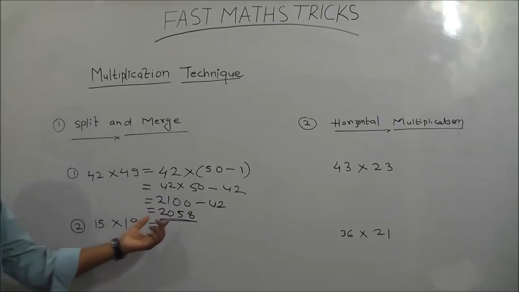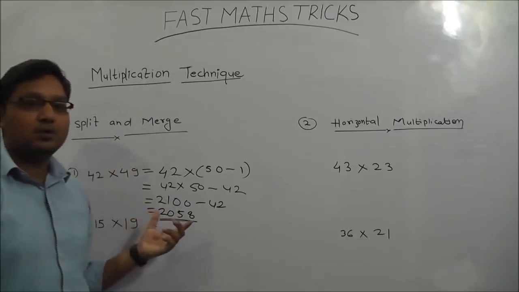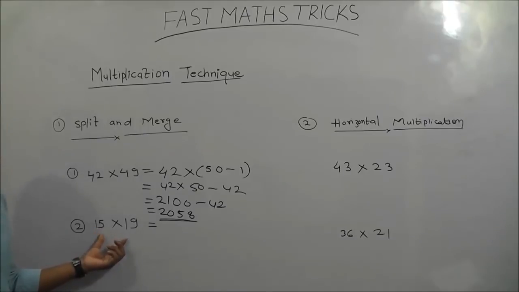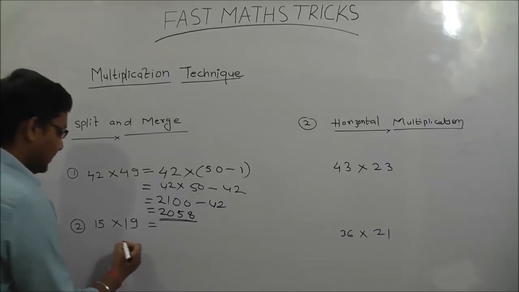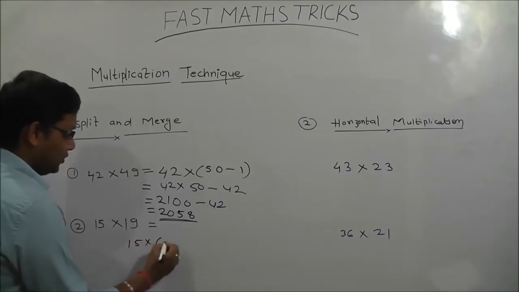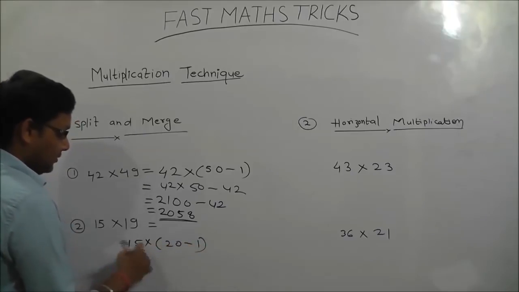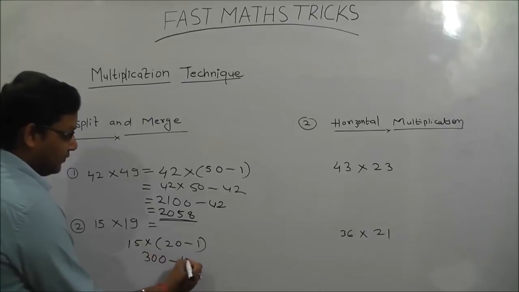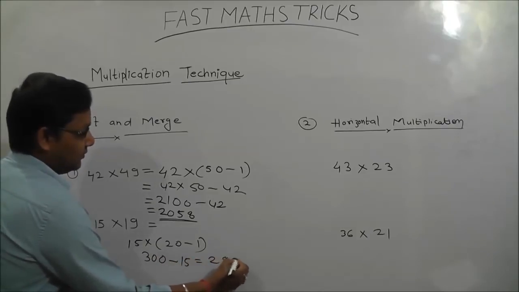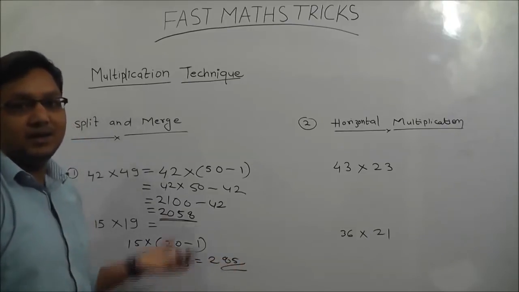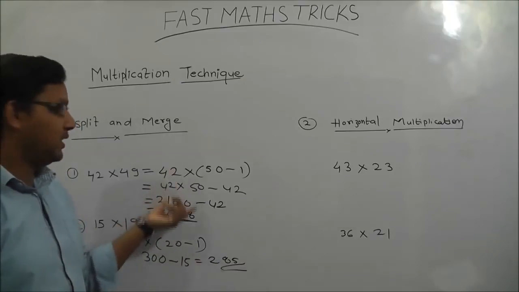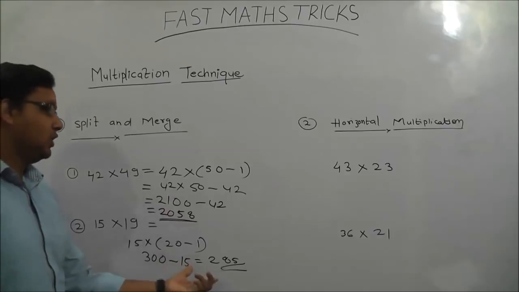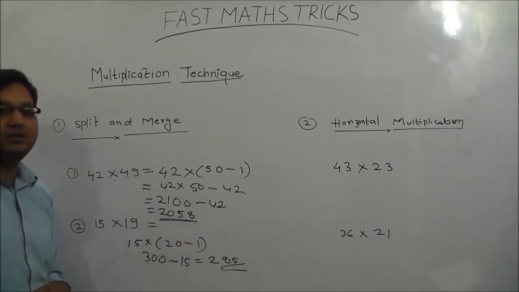So this is the way how to multiply with split and merge. Okay, let's see one more question. 15 into 19. Okay, so you can multiply 15 into 20 minus 1. So 15 into 20 is how much? 300 minus 15. So 285. So in an easy way, if you practice, you don't have to write steps either. You can directly say the answer is 285 or 2058.